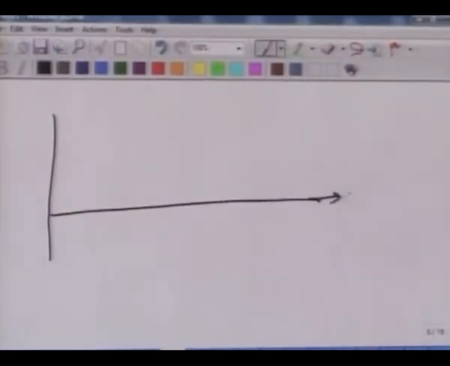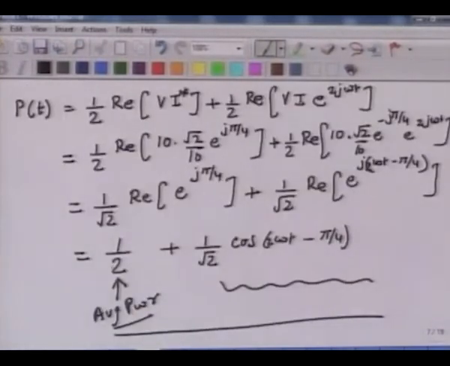This is my time axis, and the vertical axis is, let's say, watts, so power. The maximum value will be half plus 1 over square root of 2, since cosine of 2 omega t minus pi over 4 becomes 1 at the maximum.